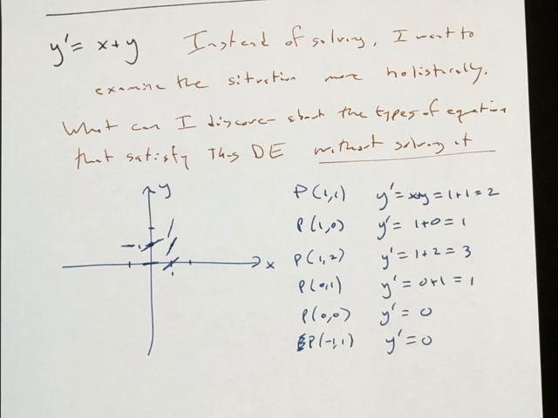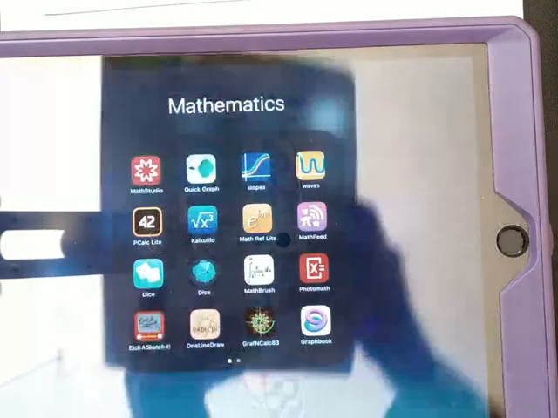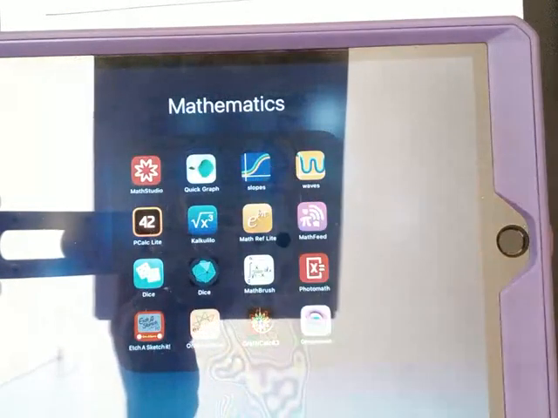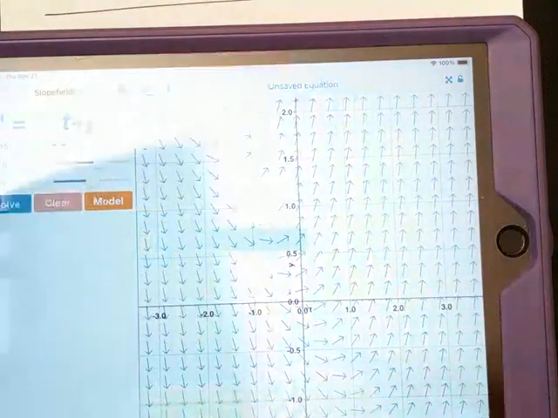Now I could also do this in Slopes. Remember I told you there was that app on my iPad or my phone that we're linked to called Slopes. If I open that, the problem is that Slopes doesn't do x, it does t.